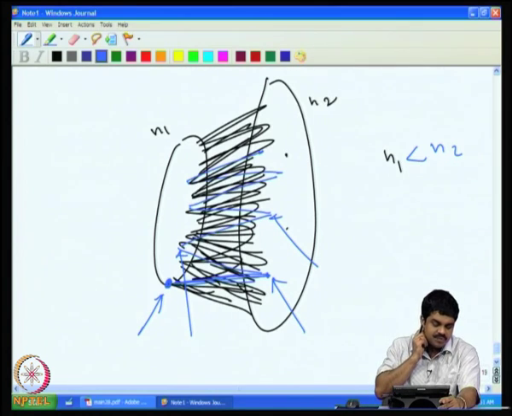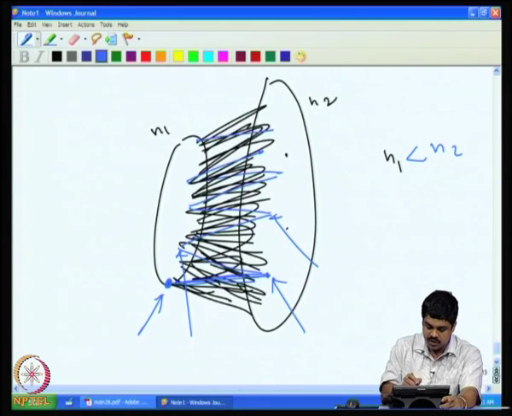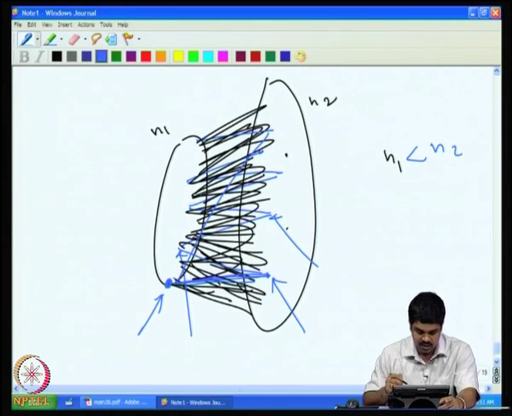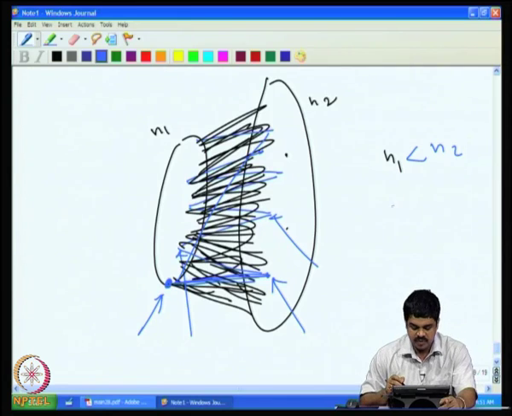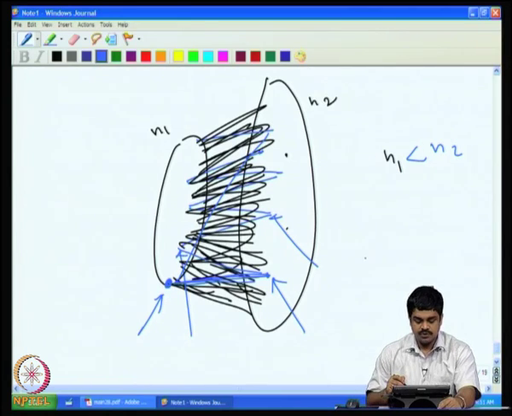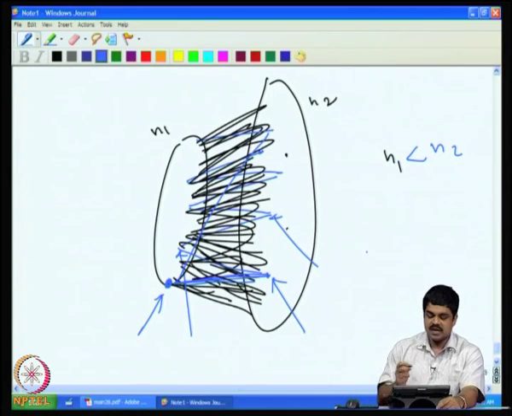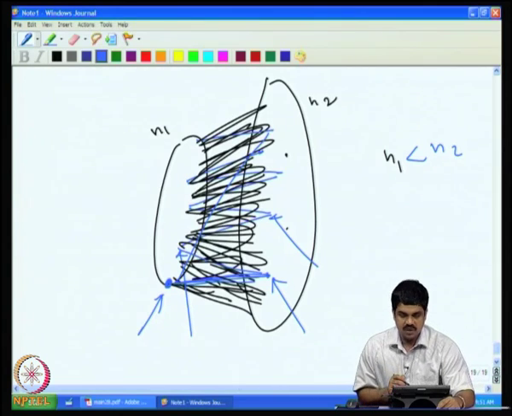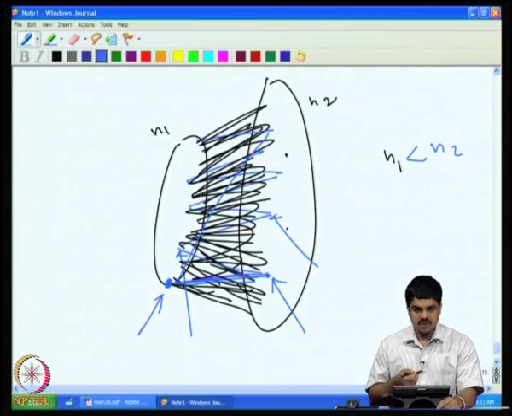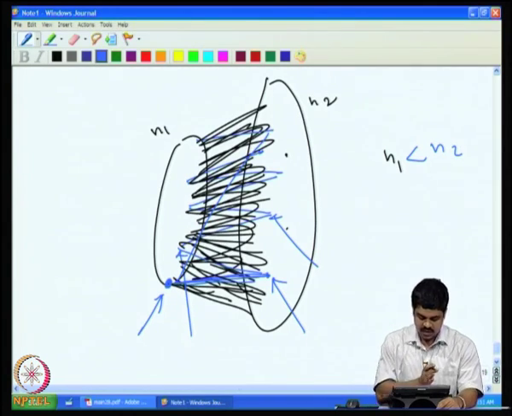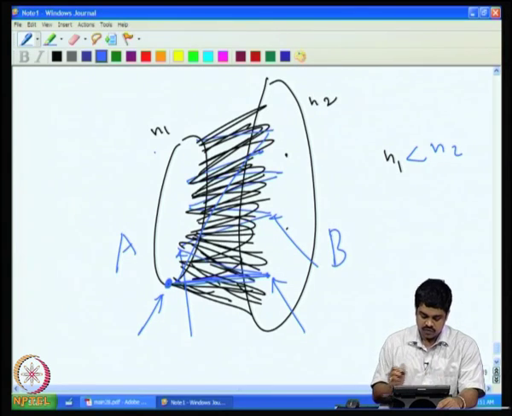So, the cycle cannot be bigger than 2 times n1. When you finish, you will have to come back here and close the cycle, so 2 n1 may be the biggest cycle that is possible. You cannot zigzag more than n1 times, because this is the A side and this is the B side, and every time it comes into the A side, it finishes off one more vertex from the A side.